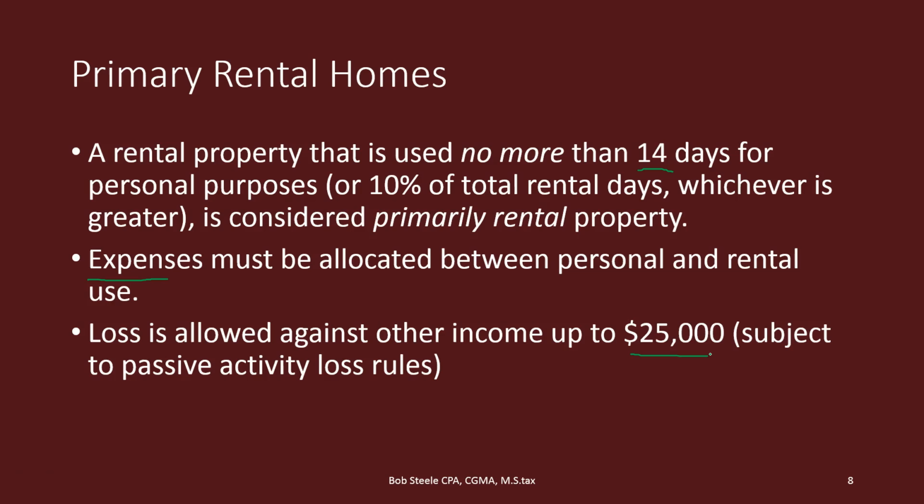So for the most part, you could deduct the expenses only up to passive activity income, but you cannot deduct it against the other income. You also can generally roll it forward. So if we had a large loss this year, and then next year we had passive activity income, then generally you can take the loss that we had this year and roll it over and deduct it next year. That would be generally the idea.